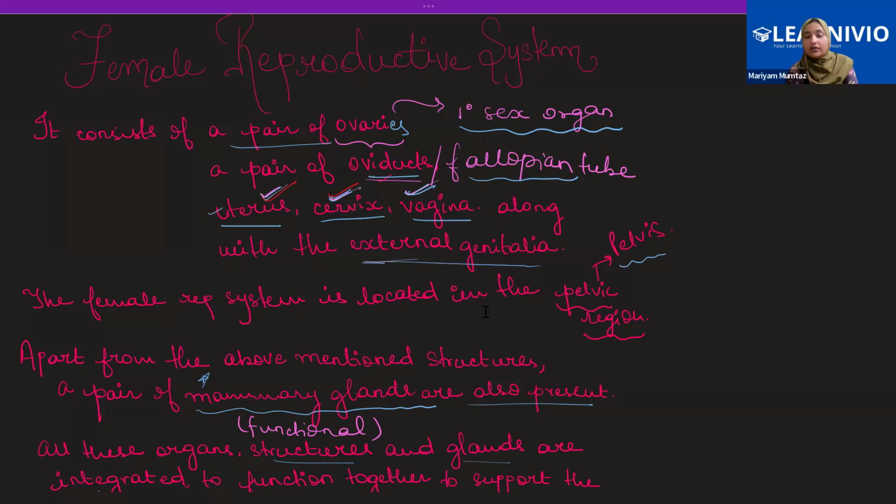And apart from all of these things that we just talked about, the female reproductive system also contains a pair of mammary glands that are functional, meaning these are responsible for the formation and secretion of milk, thereby to support the young one after it has been born.